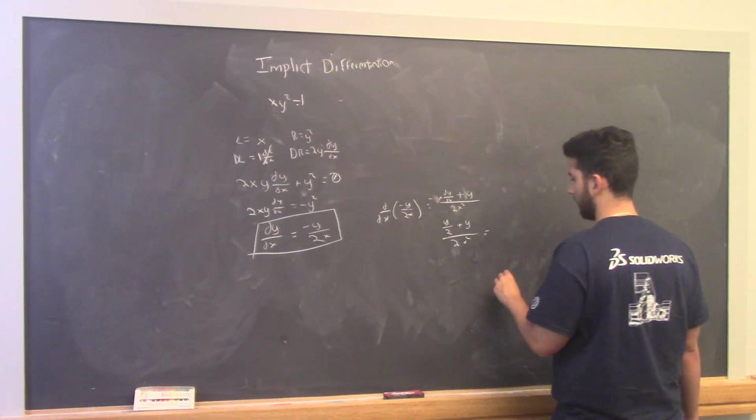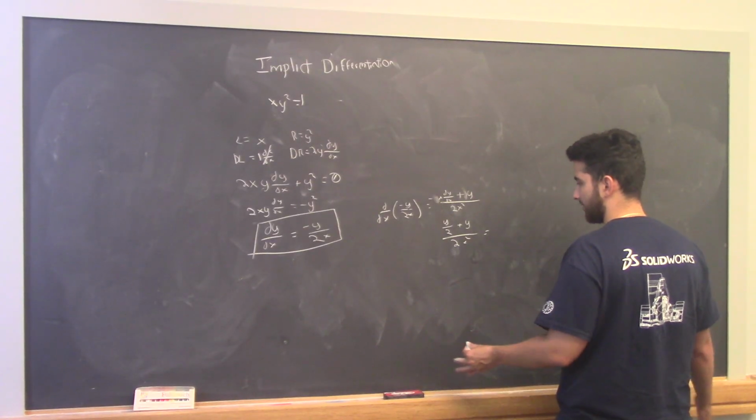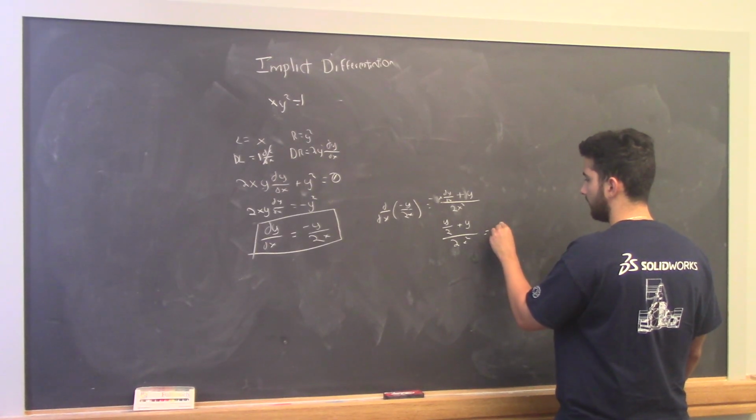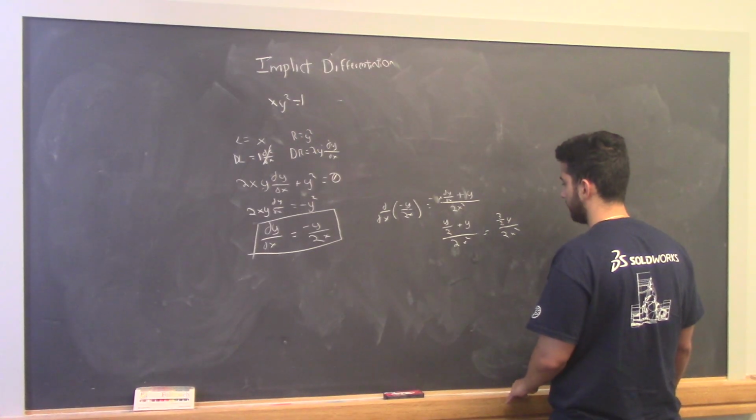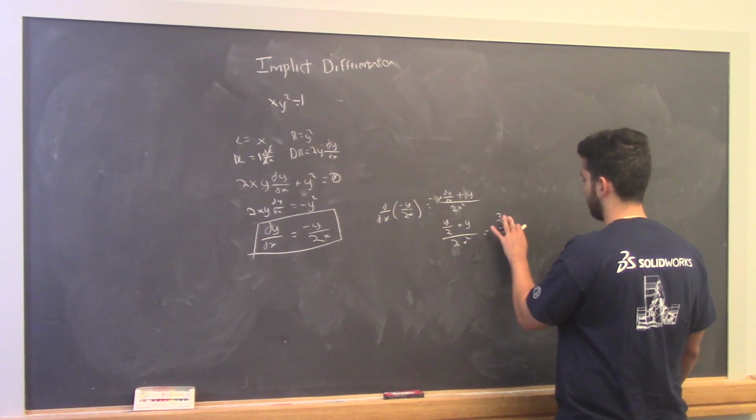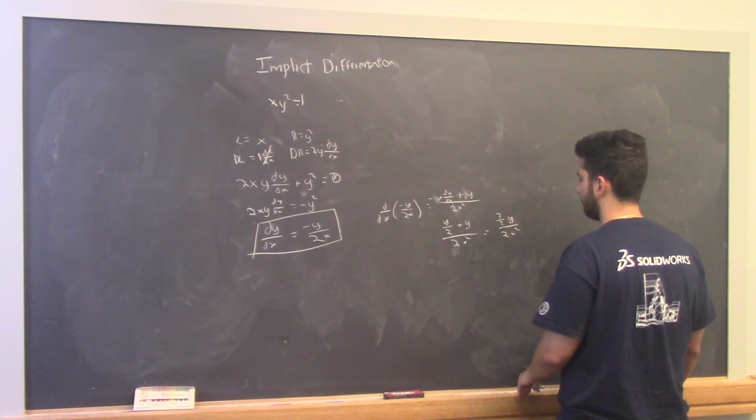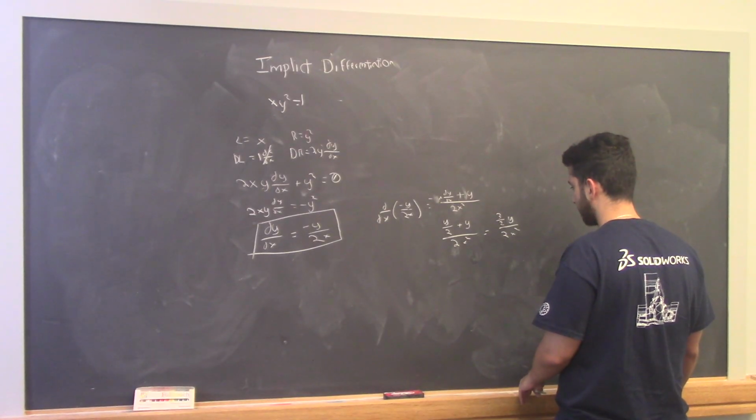You multiply everything by 2 to make it nice again. Actually no, you can just do 3/2 times y over 2x squared. And if I was a test grader, I would accept that, because I'd be like, a bit lazy, but I'll cut you slack this one time.